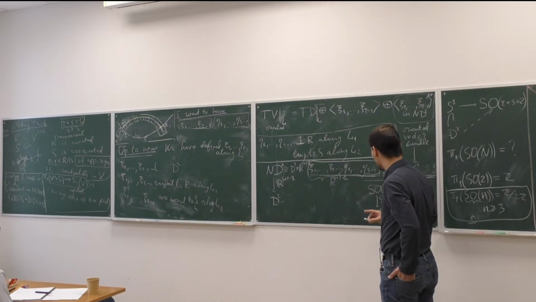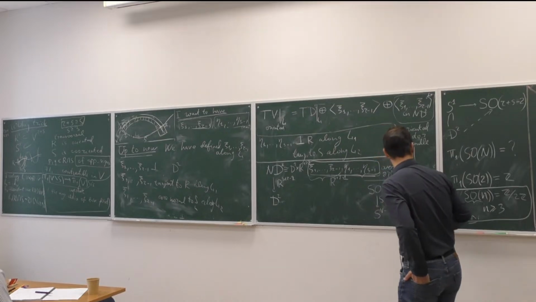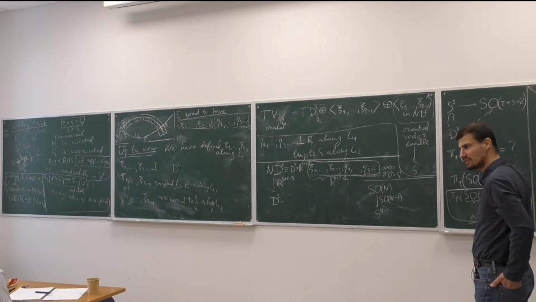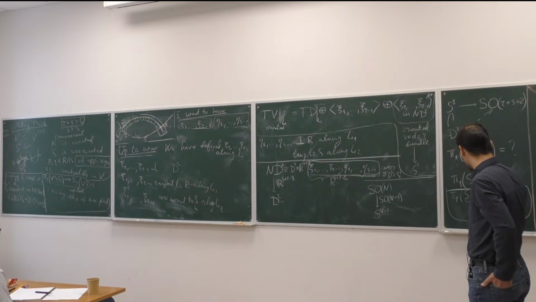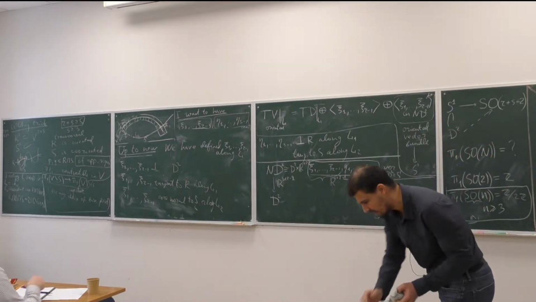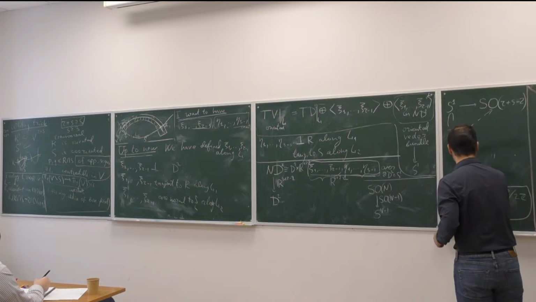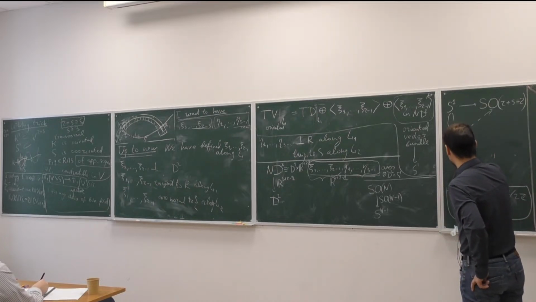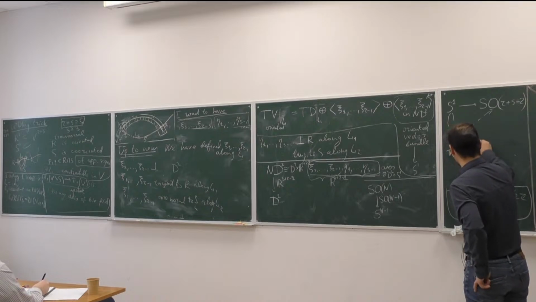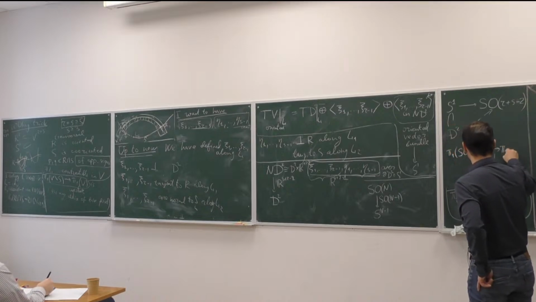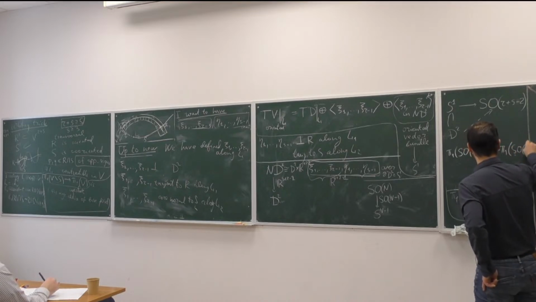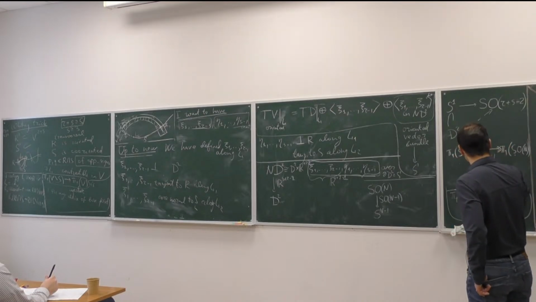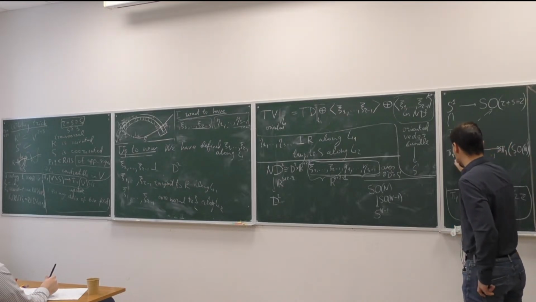The matter is that we not only know that this is Z over 2Z, but we also know from all the stuff that we have such a map from V1 of SO(M) whenever M is less than N, and it is surjective provided that M is at least 2.